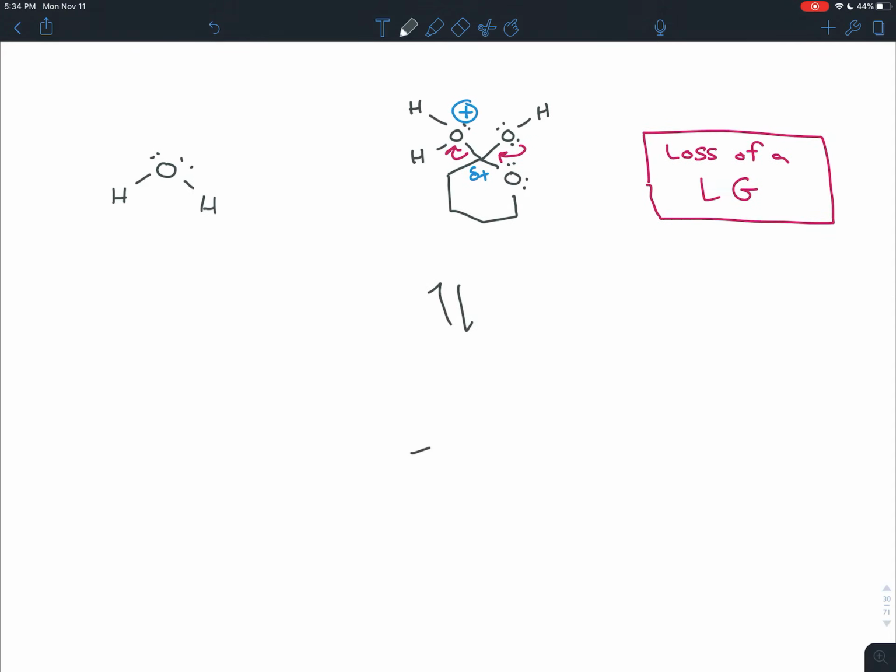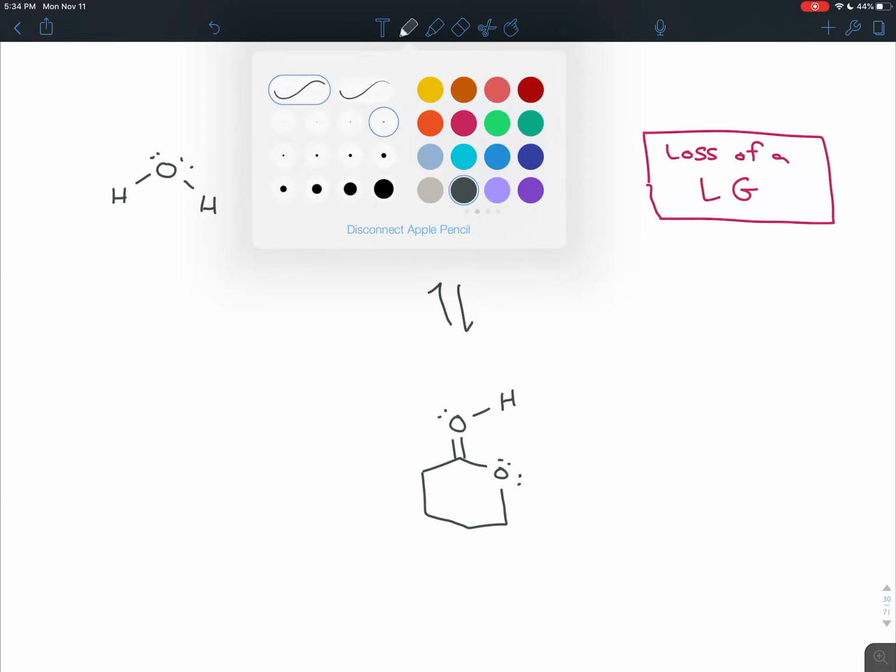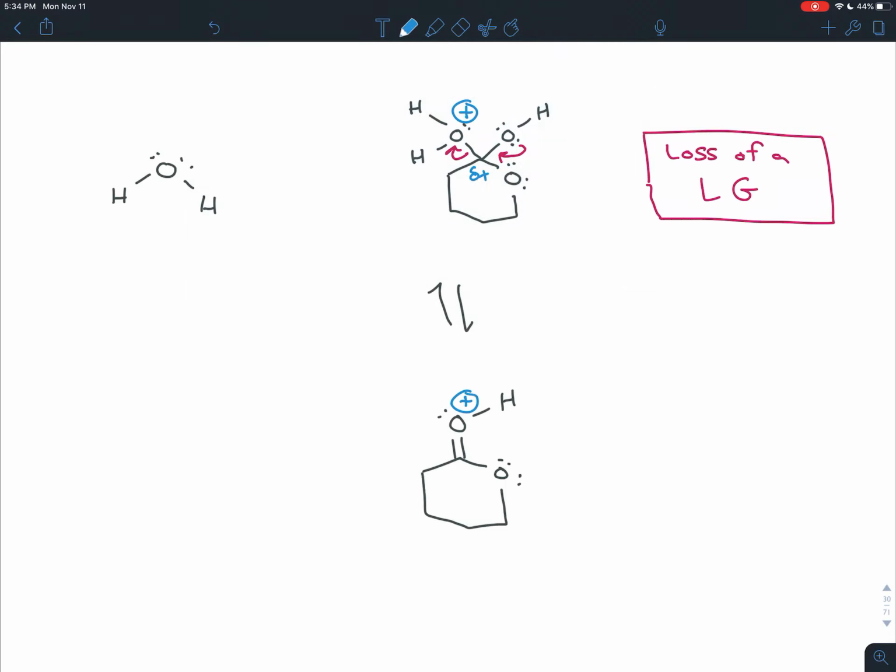And so now we have the same ring as before, but this oxygen has a double bond and a full positive charge, and water has left.